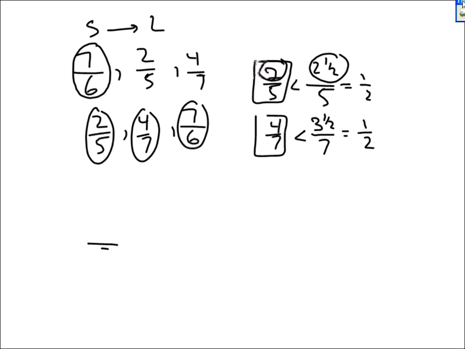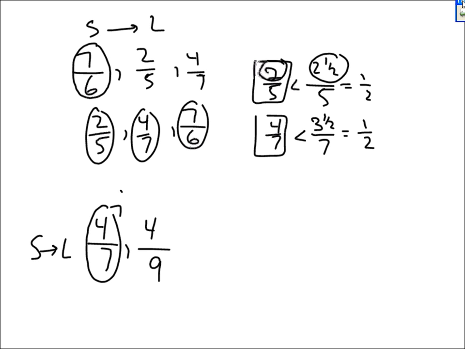So if I give you this, and I give you this, I say arrange from smallest to largest. Well, when I think of 7, I want to get a half. 3.5 should be on top.